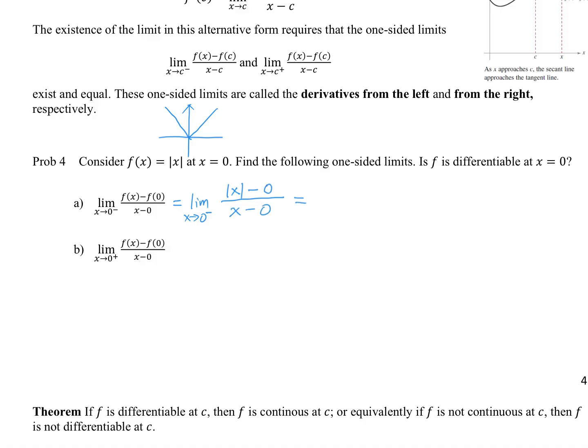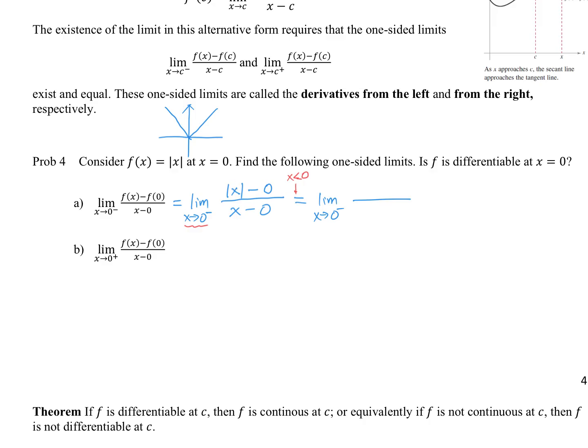And how do we evaluate this? x approaching 0 from the left means x is less than 0, right? When x is less than 0, how do we drop the absolute value sign? We just need to make sure that it's positive, because absolute value of anything cannot be negative, right?